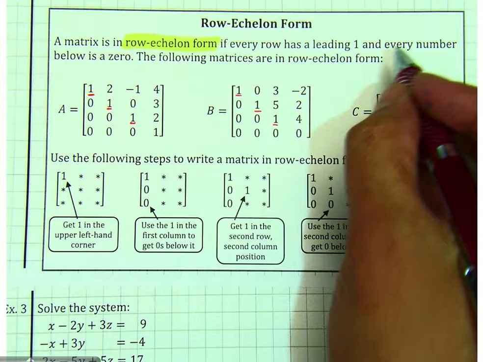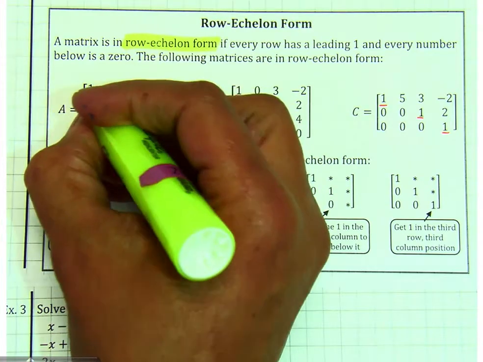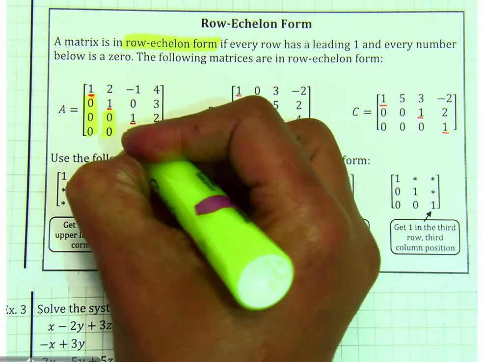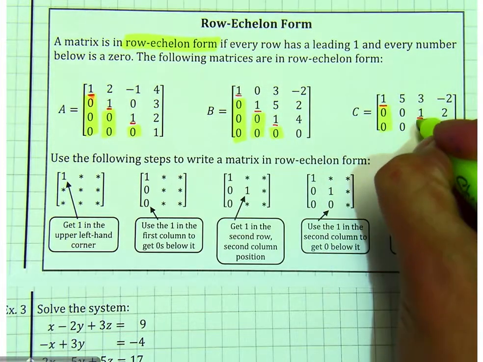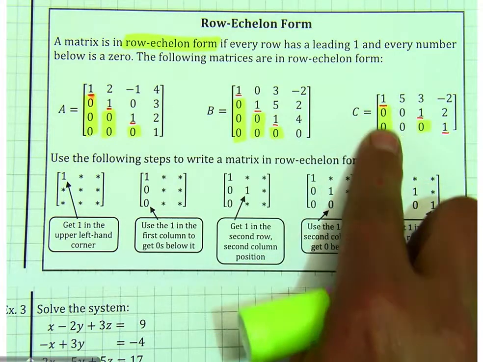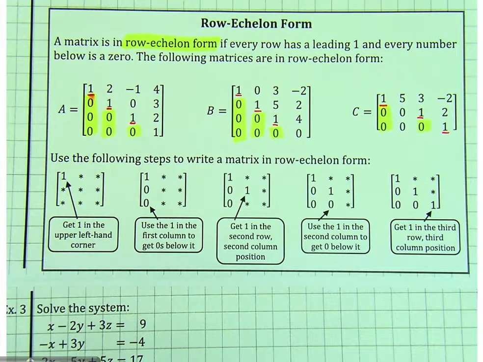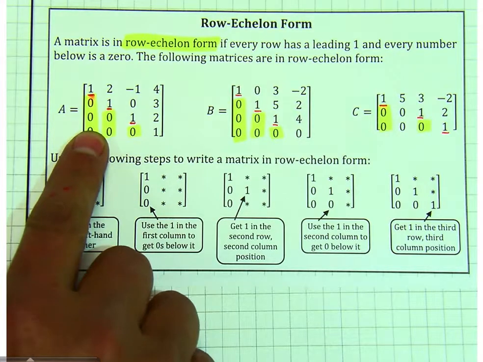And every number below is a 0. So every number below the 1 has to be a 0, and it is. So notice that even though that's a 5, because we have a 1 before that, that's also considered row echelon form. We usually say that there's a triangle on the lower side of zeros.